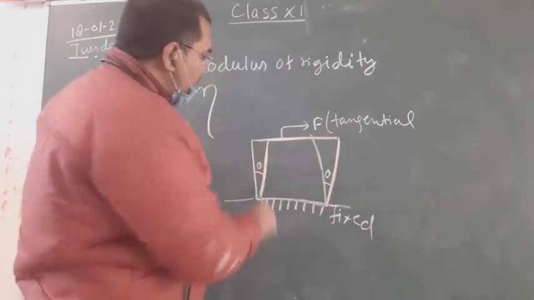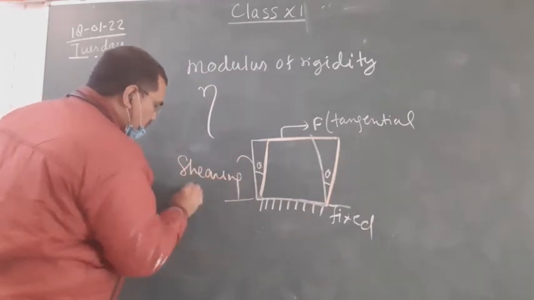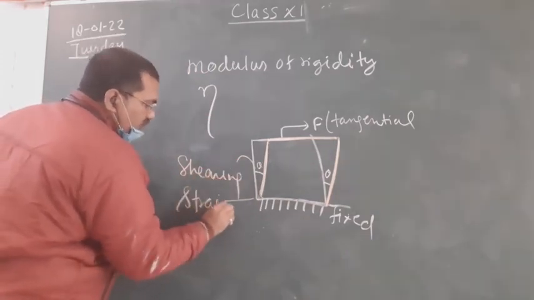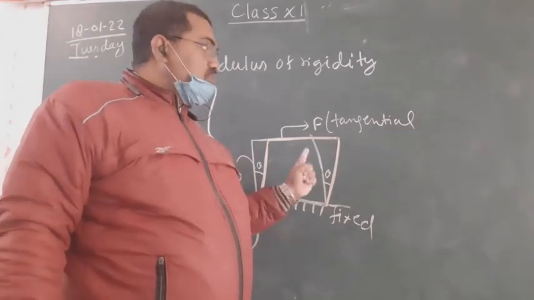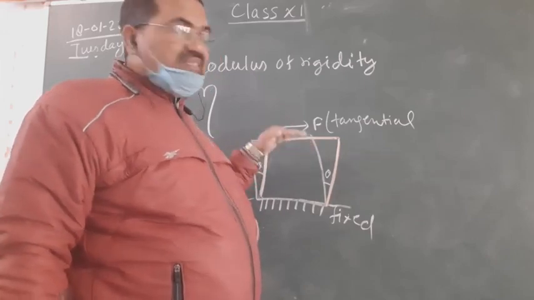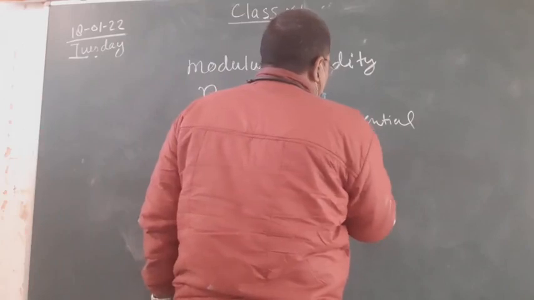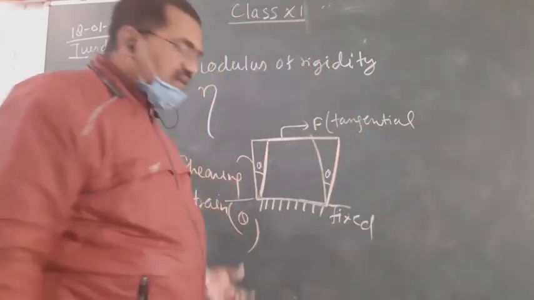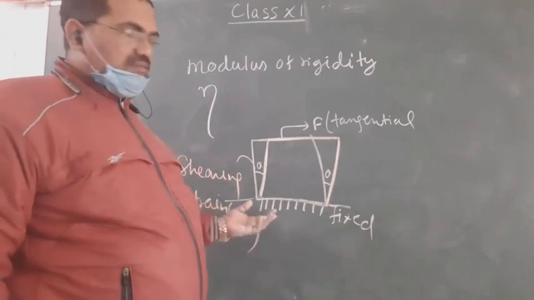So this is a shearing strain. The shape of the body changed. Shearing strain theta is due to the force applied on the upper surface tangentially, that is tangential stress. So shearing strain is due to tangential stress.